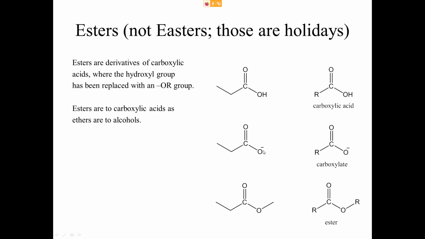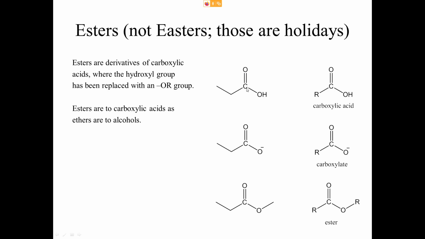And then after this hydrogen is gone, if you have something else here besides hydrogen, like another carbon chain, it's not necessarily the same oxygen. We'll see that in a few minutes. But if there's something else over here besides hydrogen, it's not a carboxylic acid anymore. So a carboxylic acid must have this C double bonded O and then an OH. It's often abbreviated COOH. That's what that means.